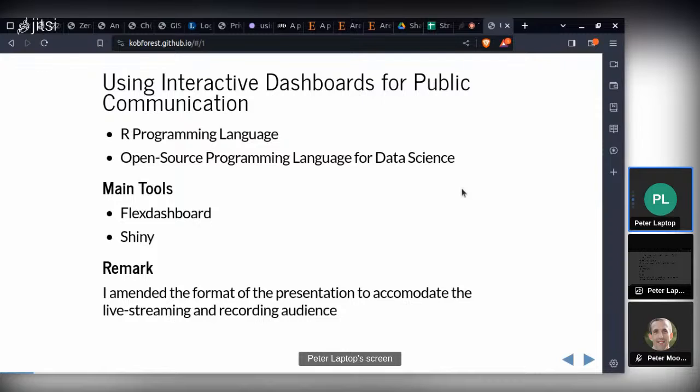The key thing we're going to do right now is look at two main tools, Flex Dashboard and Shiny apps. These are the two main platforms I might recommend for somebody who's interested in exploring this sort of thing.